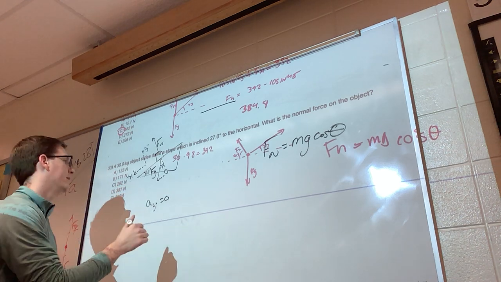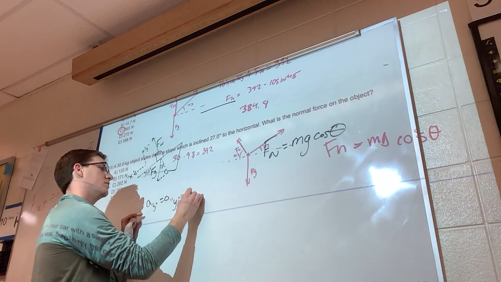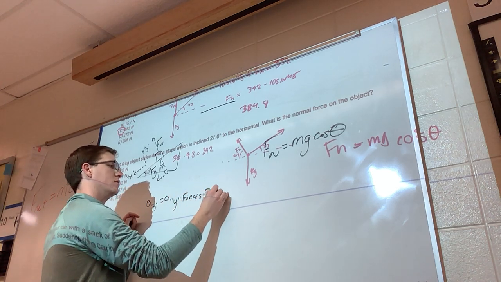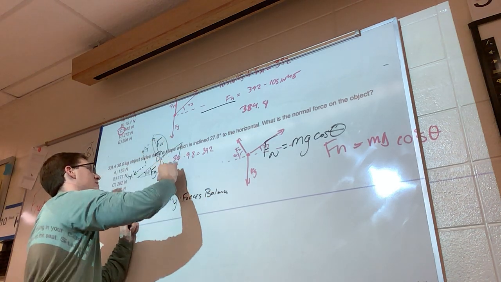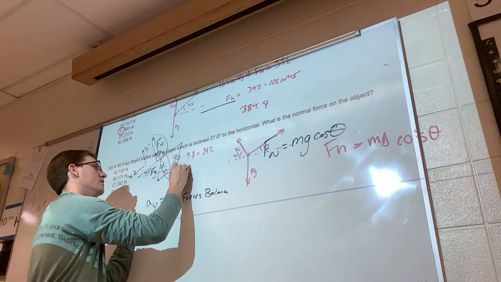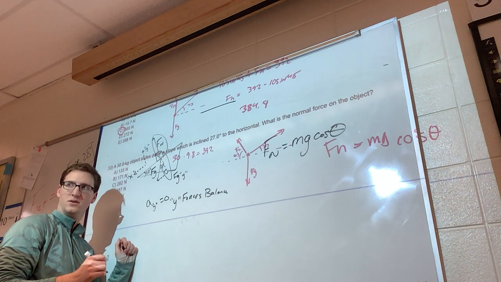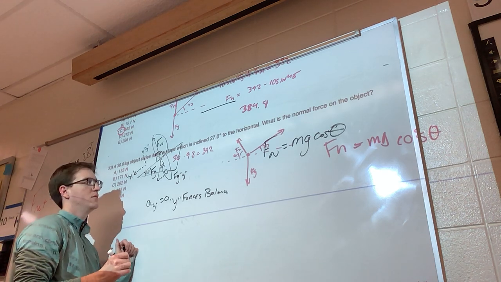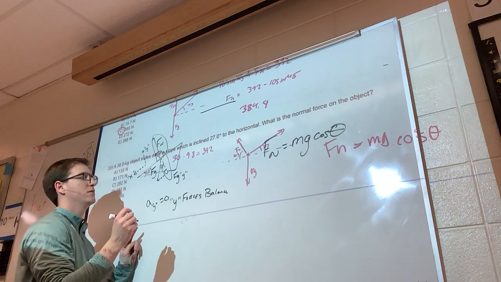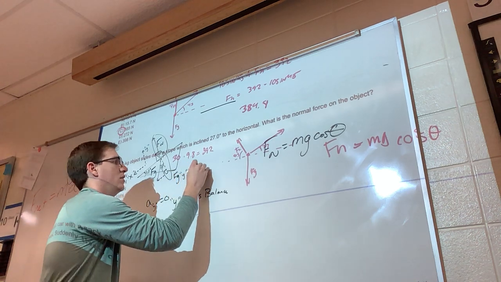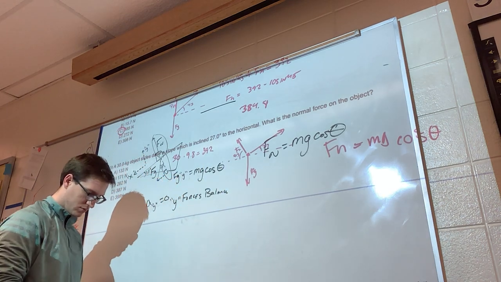Which means that all of my y direction forces balance. So Fn is equal to Fg in the y direction. But Fg, quote unquote, y is equal to mg cos theta. Take a picture of that.